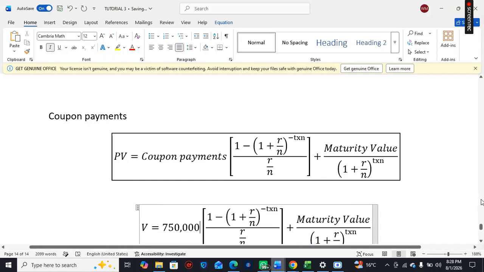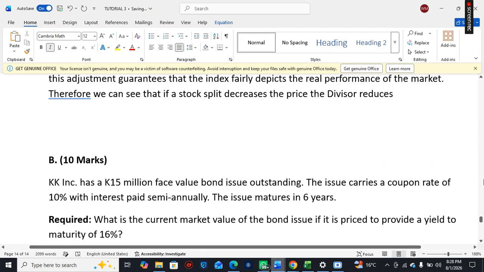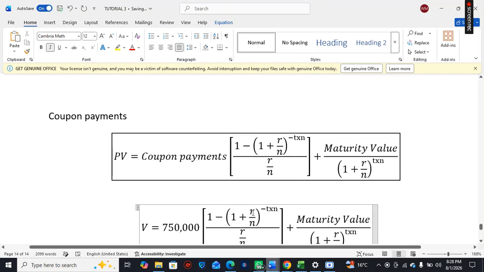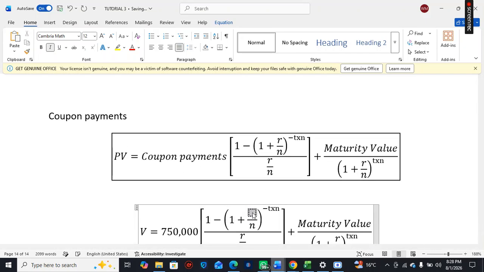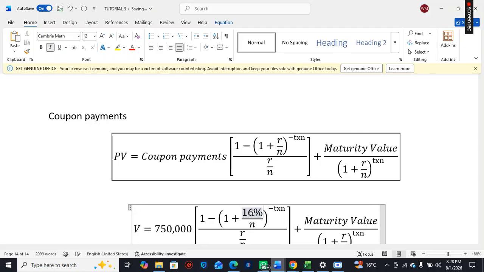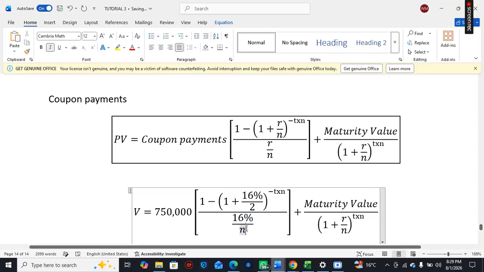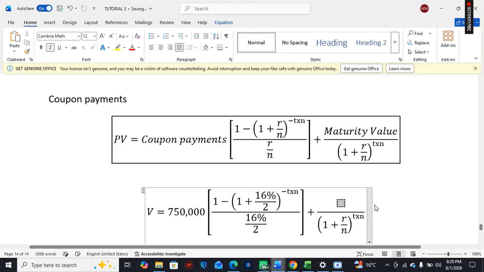Yield to maturity, they told us is 16%, over 2, then here 16% over 2. Maturity value, which is usually also the face value, is 15 million.